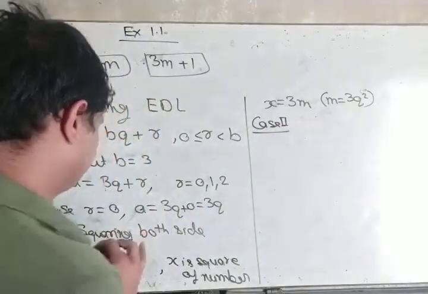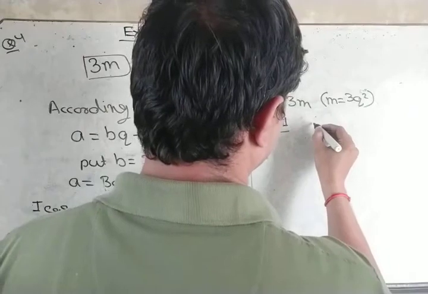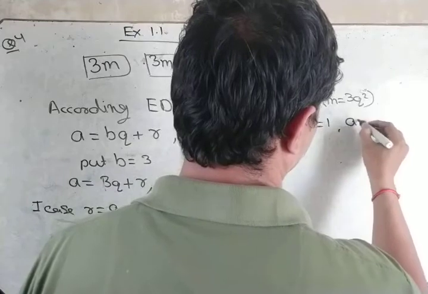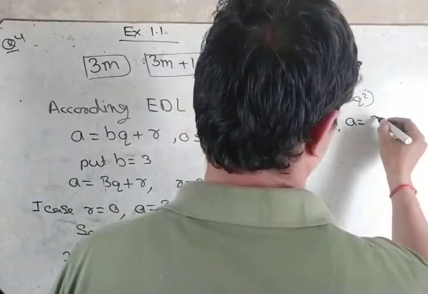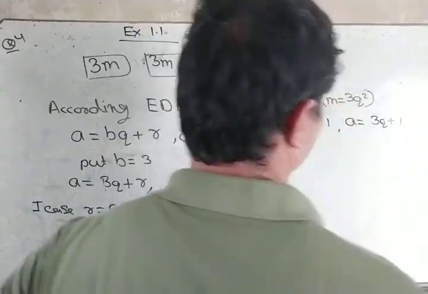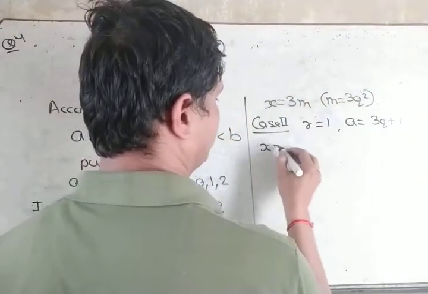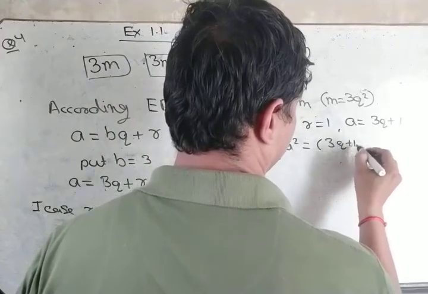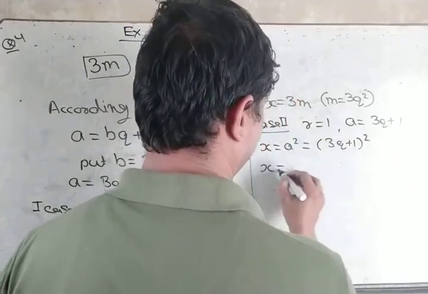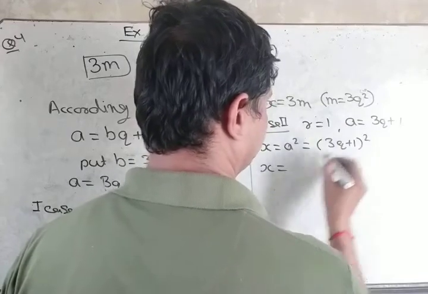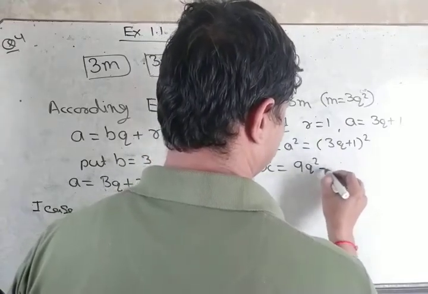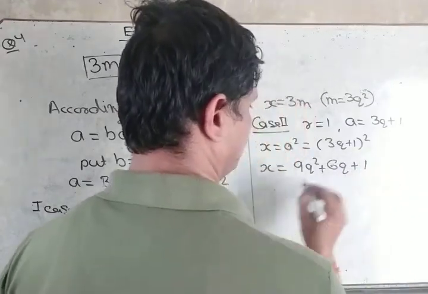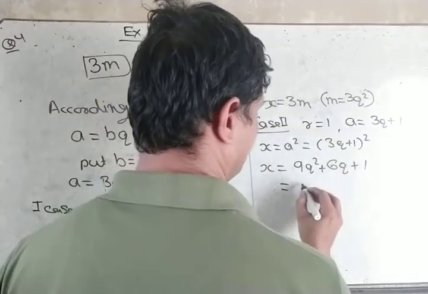Case second. When r is equal to 1, a is equal to 3q plus 1. On squaring we get a square like this, and when you open the bracket, now again take 3 common.